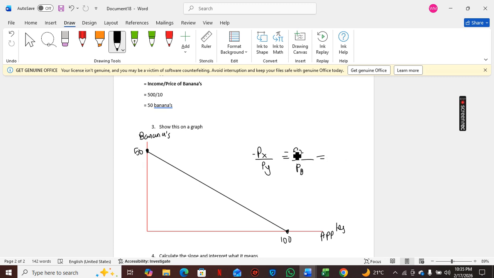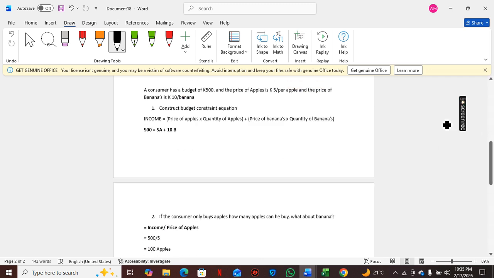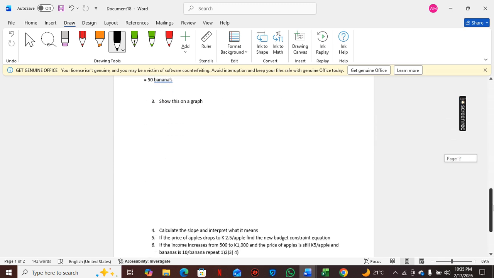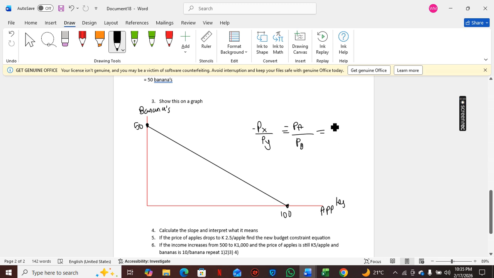So the price of apples is 5 kwacha per apple. Price of bananas is 10. 5 divided by 10, that is half, or 0.5.